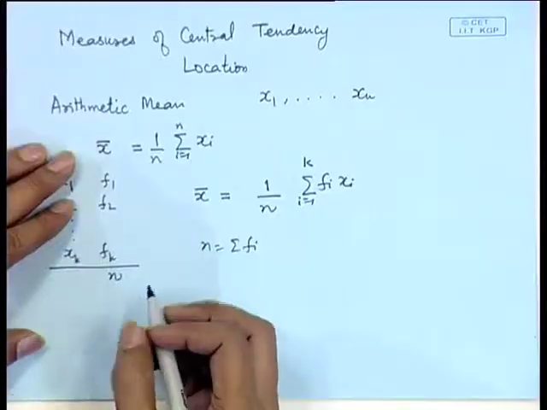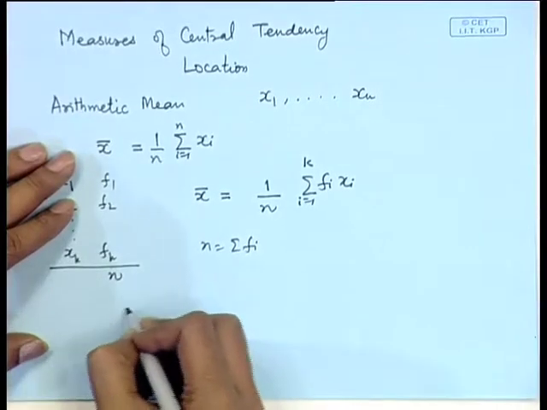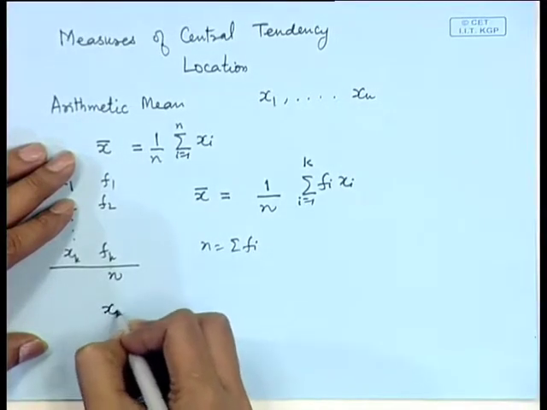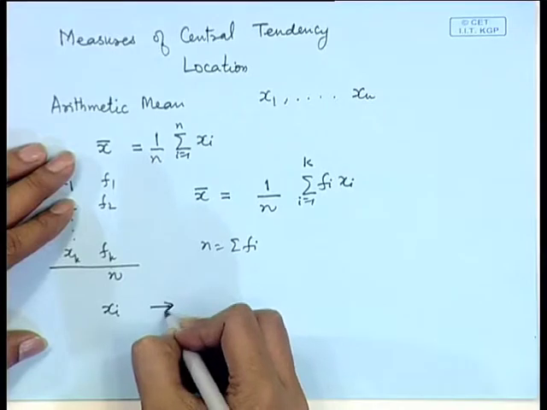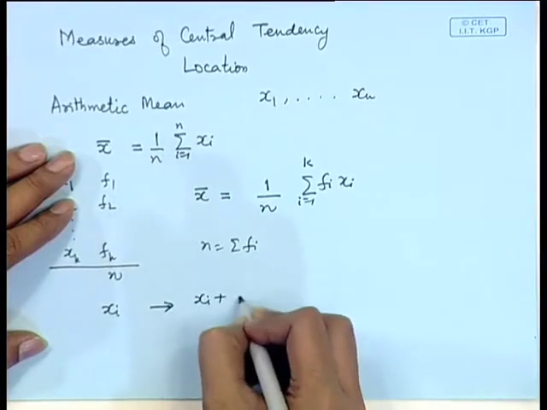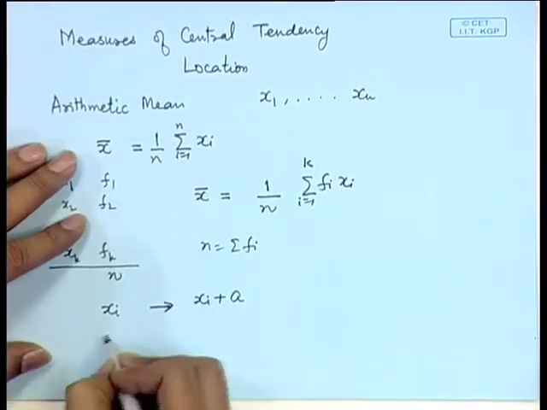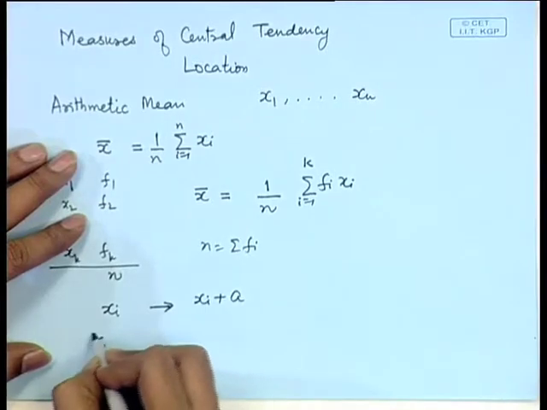I must comment here that the arithmetic mean is one of the most commonly used measures of central tendency. It is because of ease of calculation and also certain mathematical properties which it satisfies. For example, suppose each value is shifted by a, so in place of x i the values are x i plus a. Then what will happen to the average value x bar?